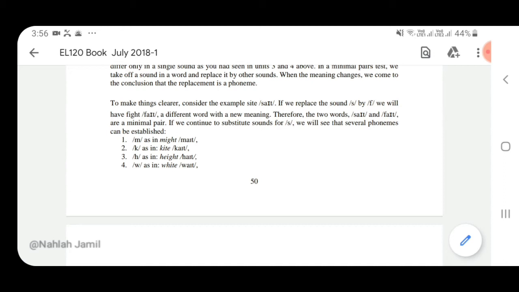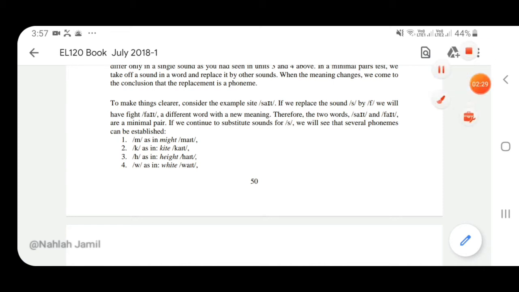For example, in might, kite, height, and white, there is a change in the beginning of each phonetic transcription. So it follows the second rule. There is change only in the beginning sound, not in the middle or at the end. It's not that in might it's in the beginning and in kite it's at the end. All of them have it in the beginning. All the change is consistent.